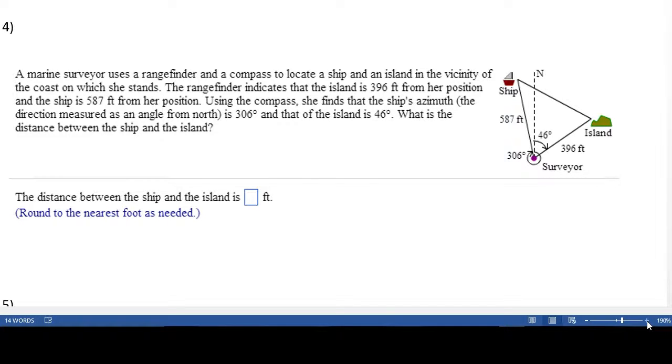So let me draw a picture of this to show you what's going on, so I can wrap my brain around it so we use the right angle.